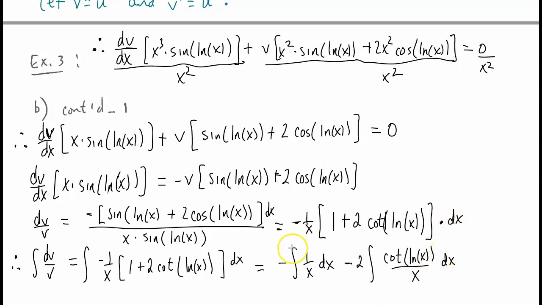Okay, so of course this integral here, easy to do, just going to be natural log of absolute value of v. This integral, easy to do, just negative natural log of absolute value of x.